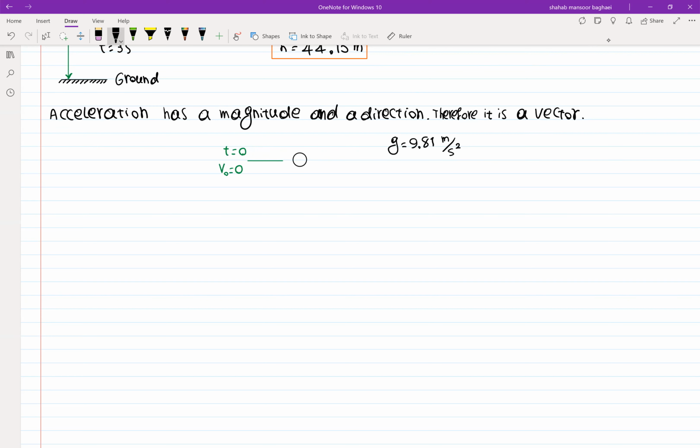If you remember, acceleration equal to change in velocity divided by time.